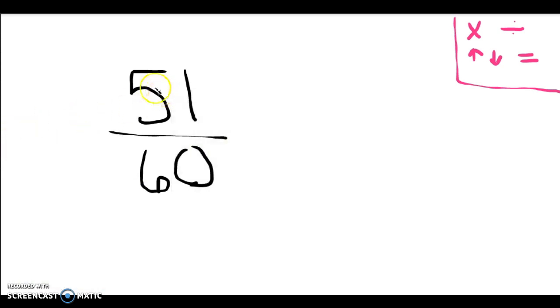I want to divide these fractions. These numbers are really big, so I want to make these numbers smaller to work with. So I want to divide the numerator and denominator. Well, what numbers do I know that go into both 51 and 60? Okay, 51 is one of those really fun numbers where your brain goes, oh, that's prime. Nothing goes into 51, but it does, okay?